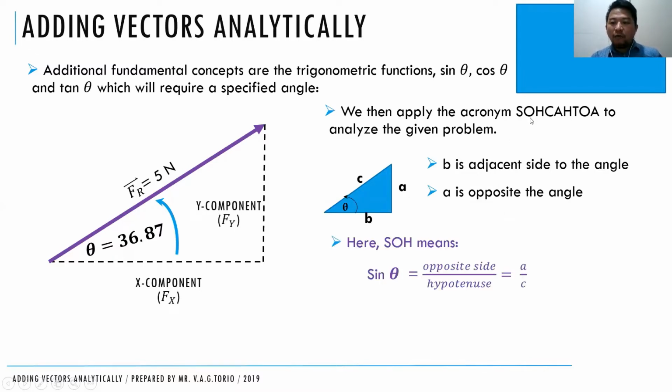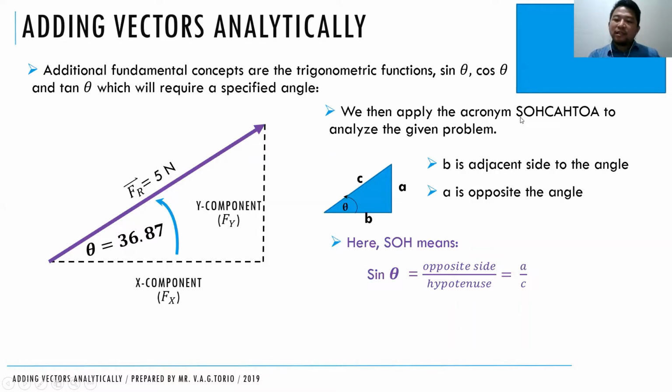And now we go back to the basic mnemonic device that we use to memorize the relationship among those that I mentioned earlier. That is the angle theta with the side opposite, which is the y component, and angle theta with the x component that's adjacent, and the relationship between the opposite side, the y component, and the x component, which essentially will give us the trigonometric function tangent.